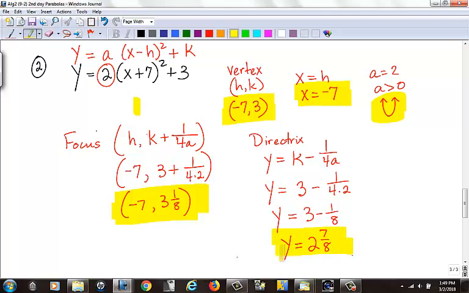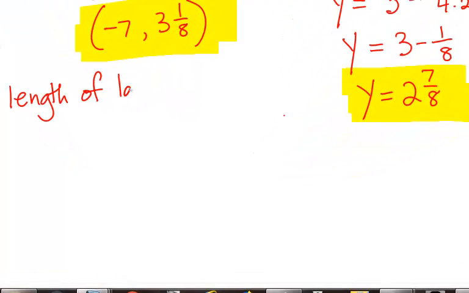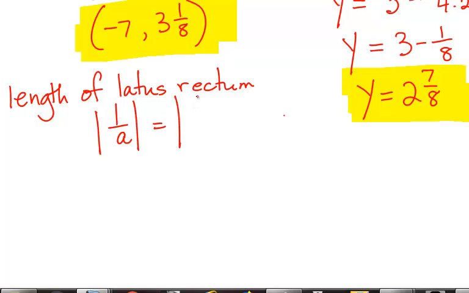So the directrix is y equals 2 and 7/8. And then we need the length of the latus rectum. It's the absolute value of 1 over a. So the absolute value of 1 over 2, so the length is 1/2.